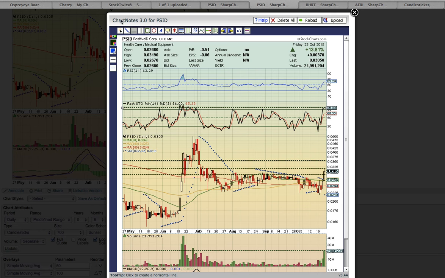Now this is a high level for Fasto. It's now in the above 80 overbought zone. The last time Fasto was at this level was back here during the June rally. So the key for the bulls is, can PSID travel higher while above 80? It happened before in June. Will history repeat? That is the question.